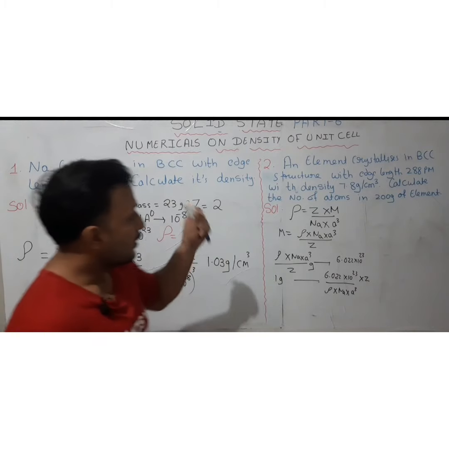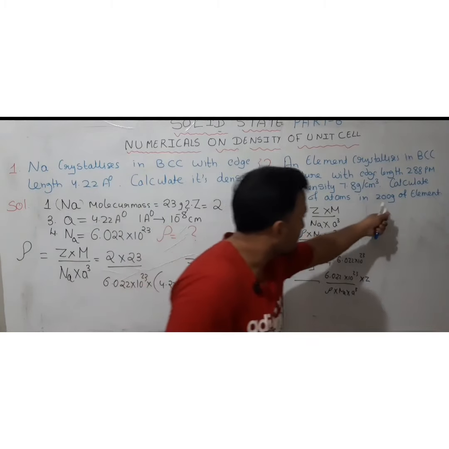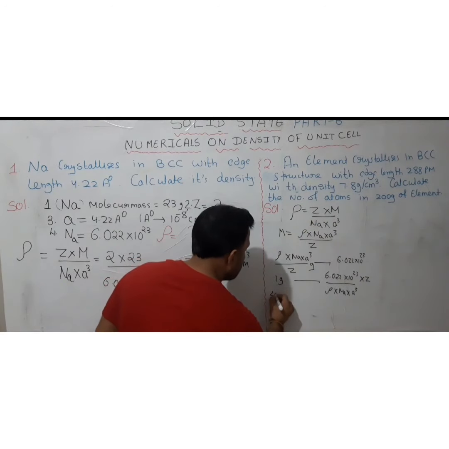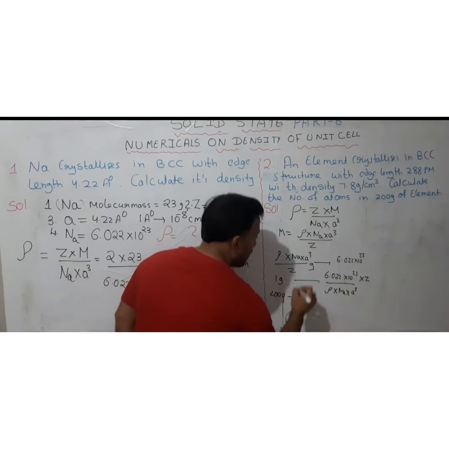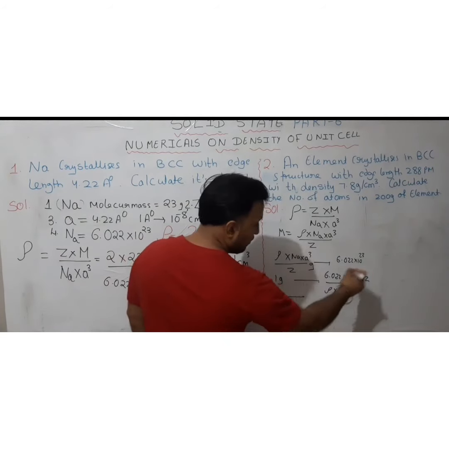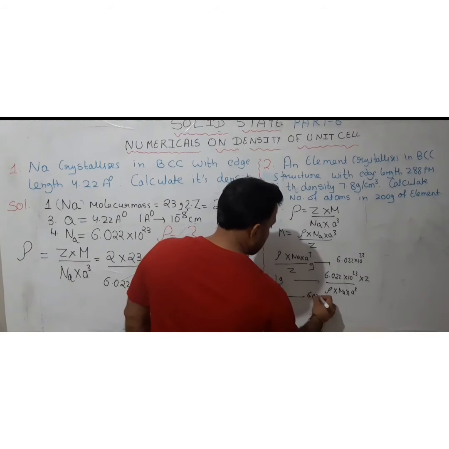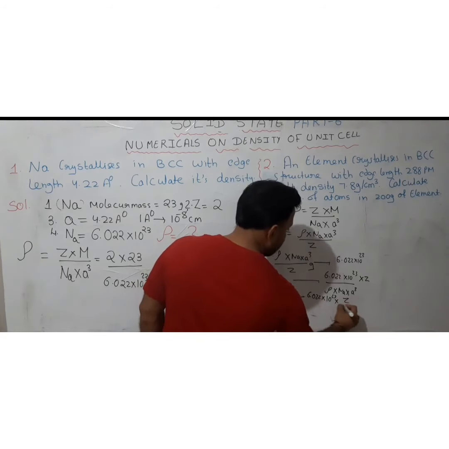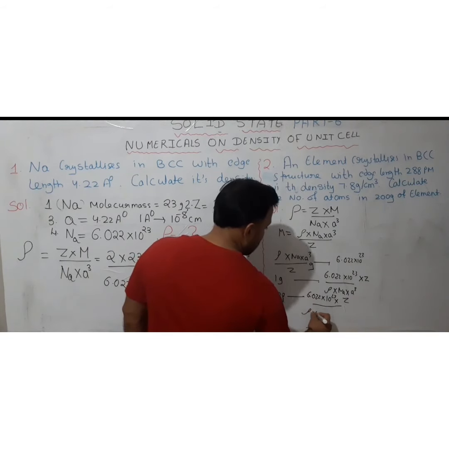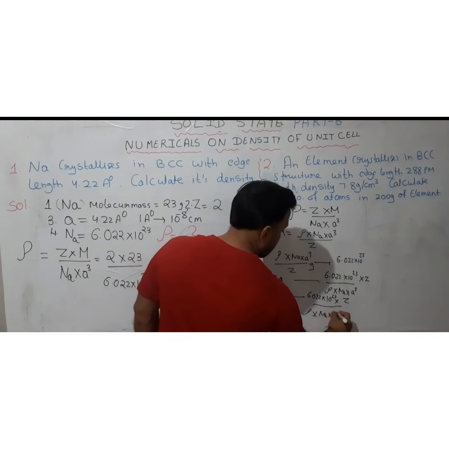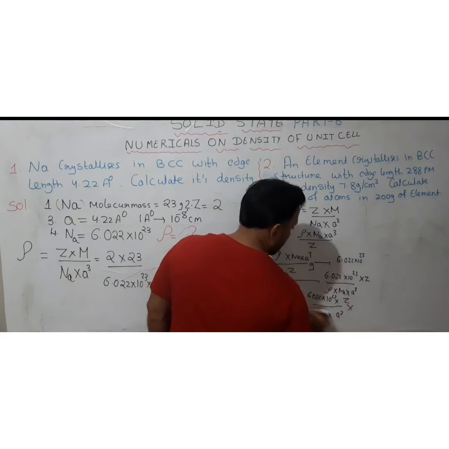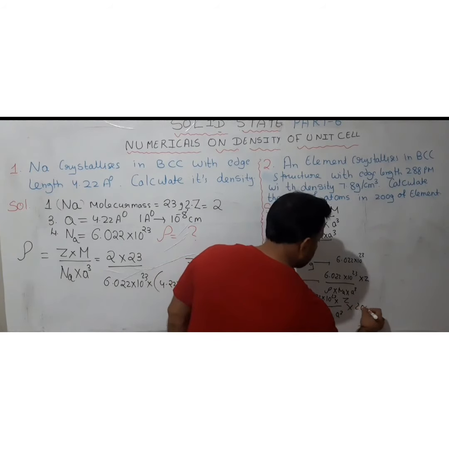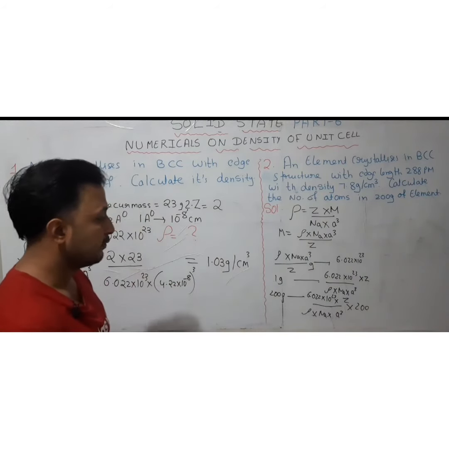Then in how much mass do we have to calculate the number of atoms? 200 gram. So in 200 gram of the element, how many atoms are there? We will simply multiply: 6.022 into 10 raised to power 23 multiplied by Z, divided by density multiplied by Avogadro number again and a cube, and then the whole value will be multiplied with 200, because we have to find it in 200 gram.